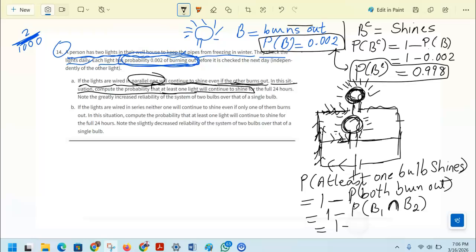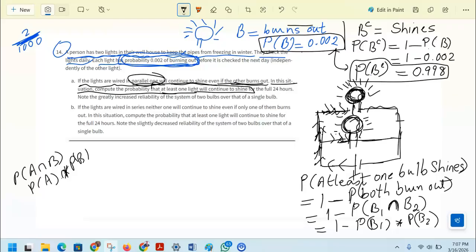So we can use the multiplication rule for independent events: the probability of A and B is the probability of A multiplied by the probability of B. That is the probability of B1 times the probability of B2.